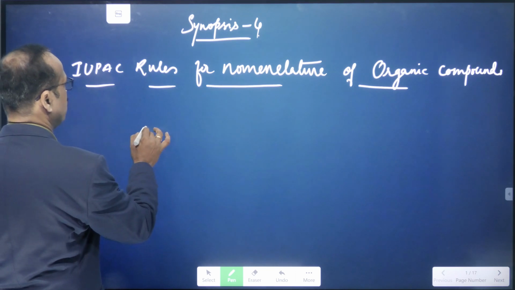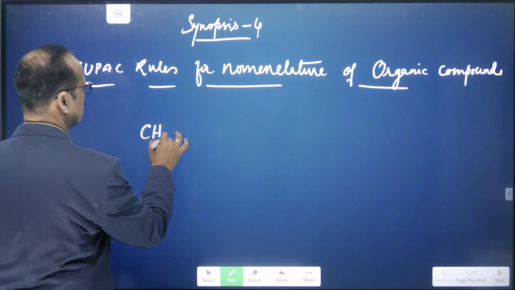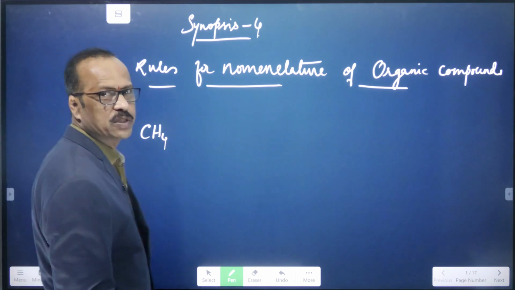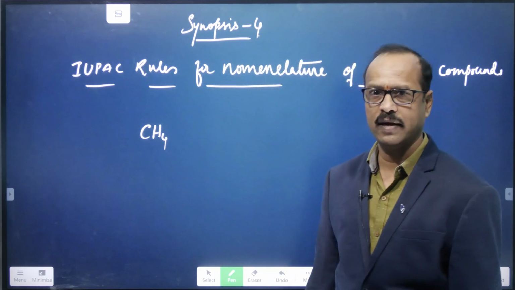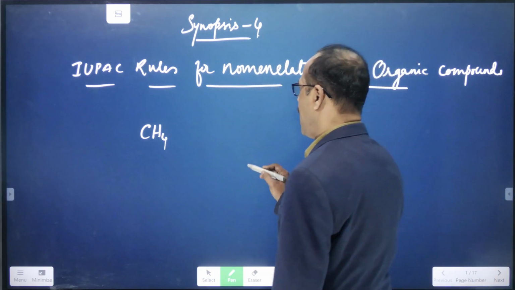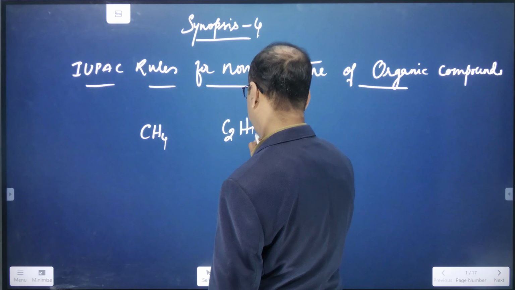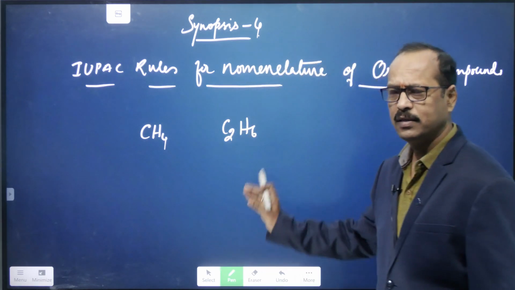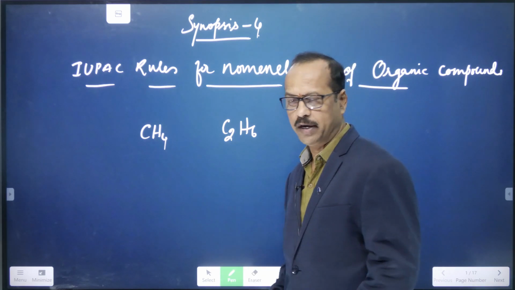For example, CH4, you know the name of this one: methane, right? And if I take C2H6, C2H6 is ethane. This is the condensed form, but we write it in the elaborated form.